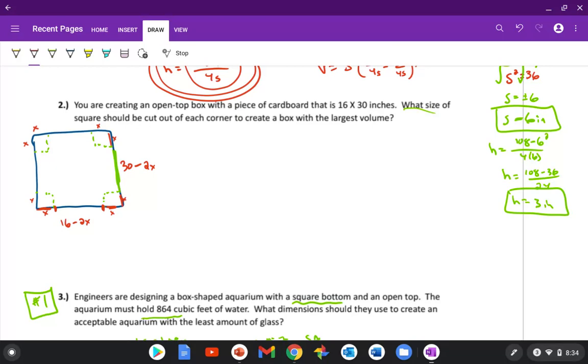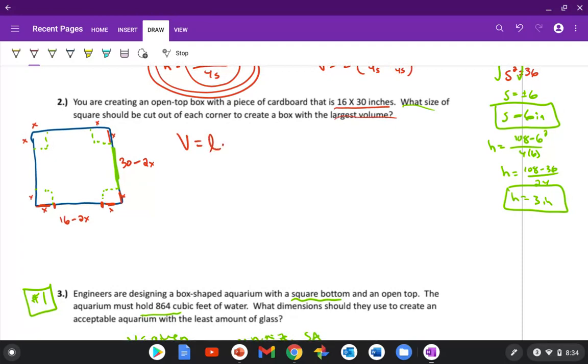So then if we start to write our equations here, well, we've got the area of this cardboard, right? But we want to maximize the volume of it, right? And we're actually going to have just one equation here. When we look at the volume, we can actually write this all in just one variable, because for the volume of a box, it would be length times width times height.